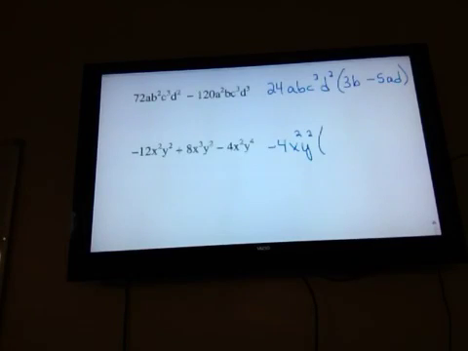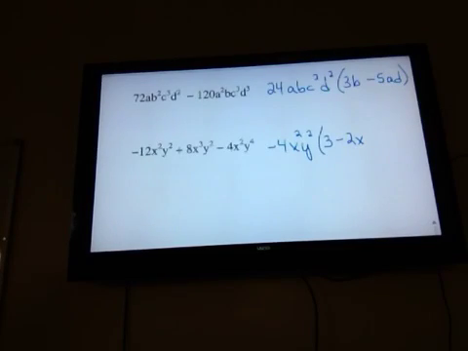And then divide. Now, all my signs are going to change because I did that negative. So -4 into -12 is +3. X squared, y squared would cancel. -4 into +8, -2. X squared into x to the third is x. Y squared into y squared would cancel.